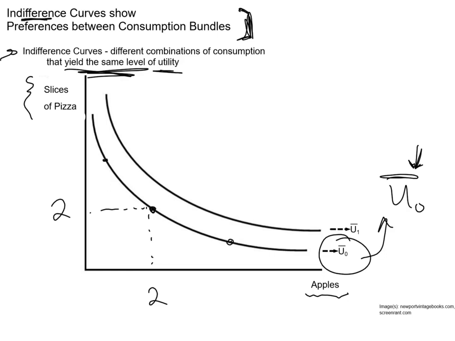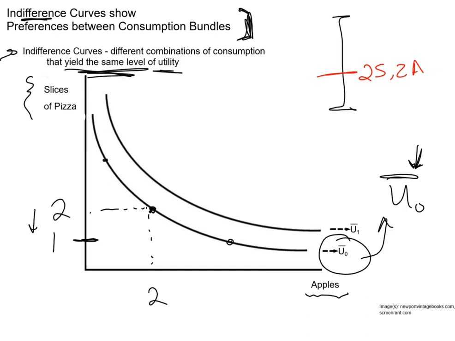How happy is it going to make you to have 2 slices of pizza and 2 apples? Again, conceptually, if we think about a scale, where are you going to be on that scale if you have 2 slices of pizza and 2 apples? Now, I want you to do this thought experiment real quick. What if I took a slice of pizza away from you? If I took a slice of pizza away from you, you're going to lose some of your happiness, right?